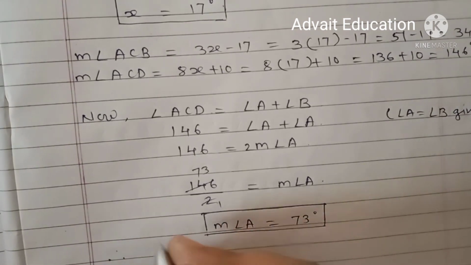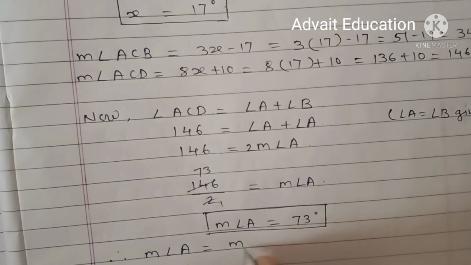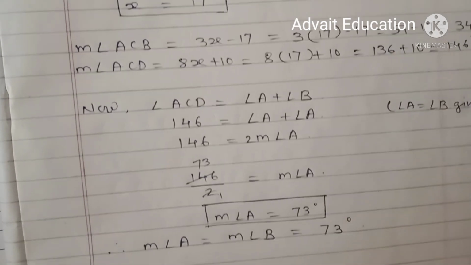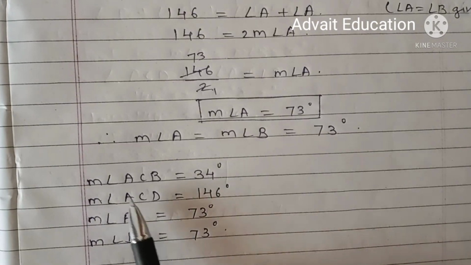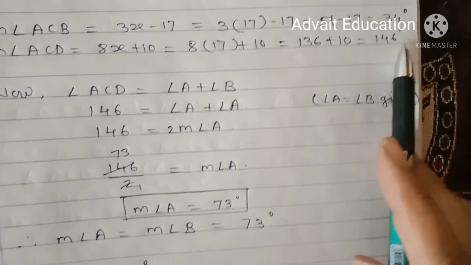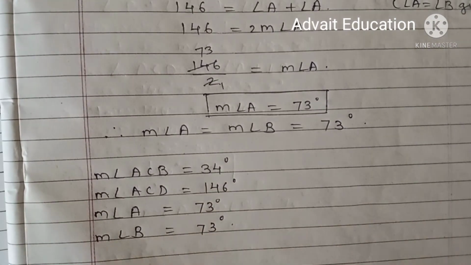Therefore, measure angle A is equal to measure angle B is equal to 73 degree. At the last, you can write down the measures. Here we have found the measure of angle ACB and angle ACD, and angle A and B is equal to 73 degree.